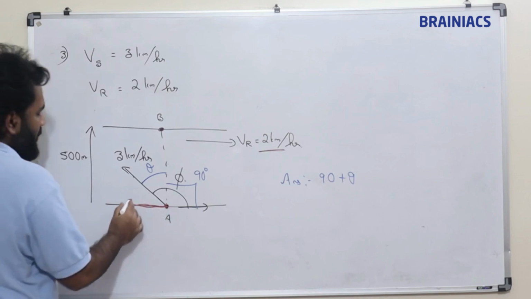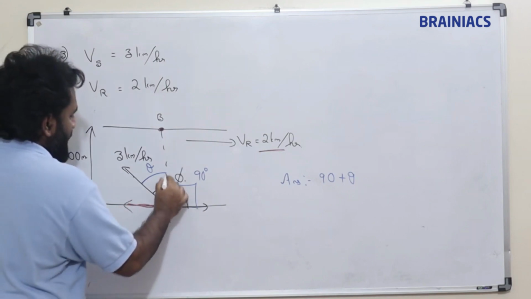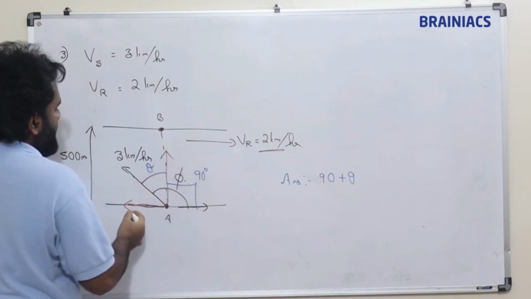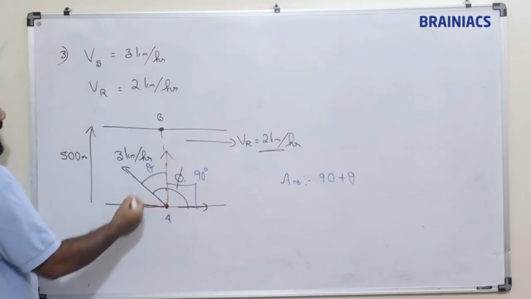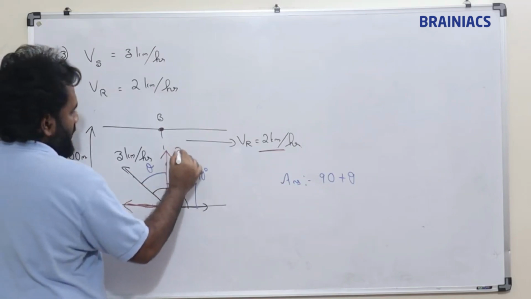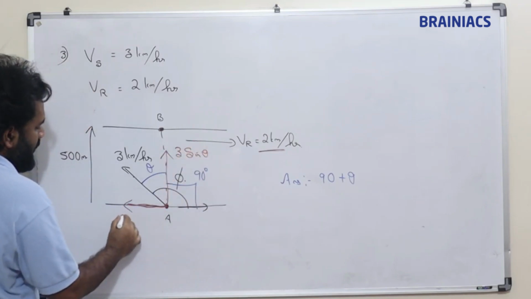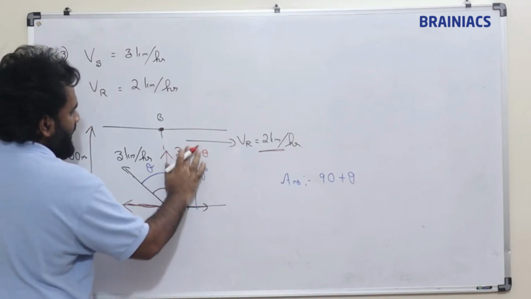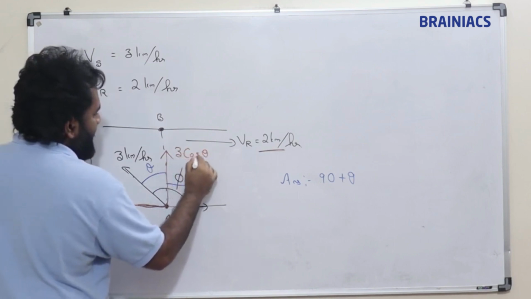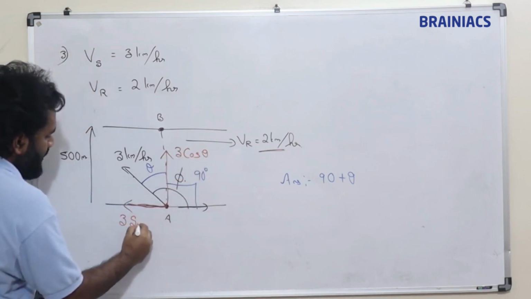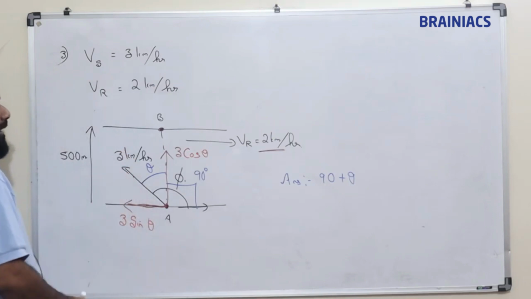So we will resolve this velocity into horizontal and vertical directions. This is going to be 3 cos theta, and this is going to be 3 sine theta.